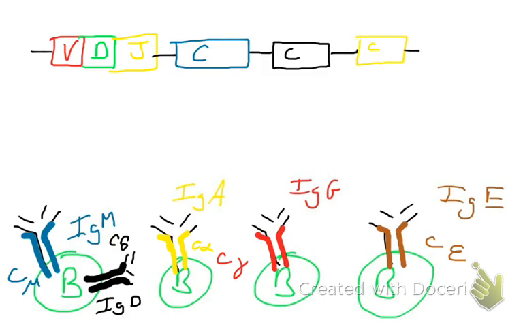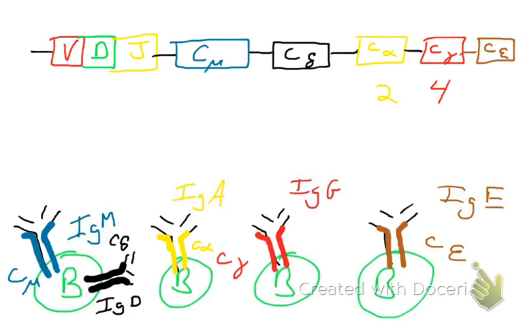But in reality, there are multiple constant regions, and your book shows figures that display them all. Now I'm showing you the order that they're typically located in. After the VDJ region, you have a constant mu followed by a constant delta, constant alpha, and there are multiple alphas, constant gamma, there are multiple gammas, and constant epsilons.